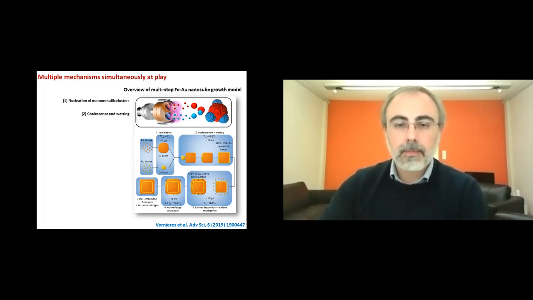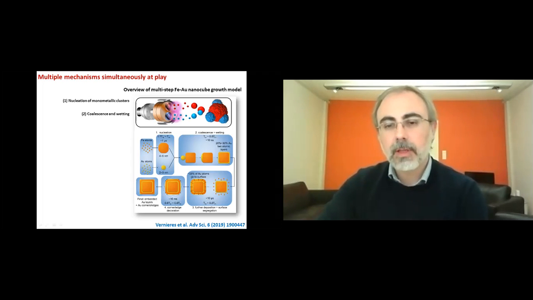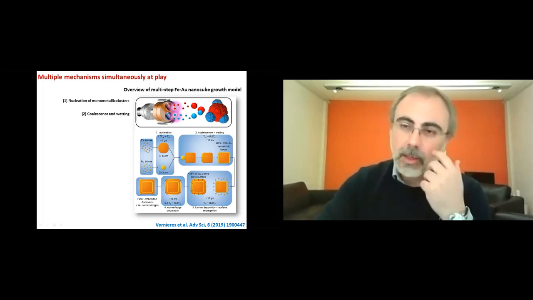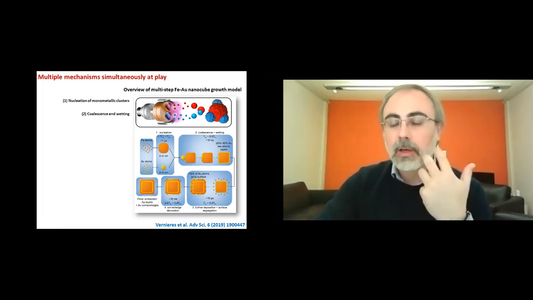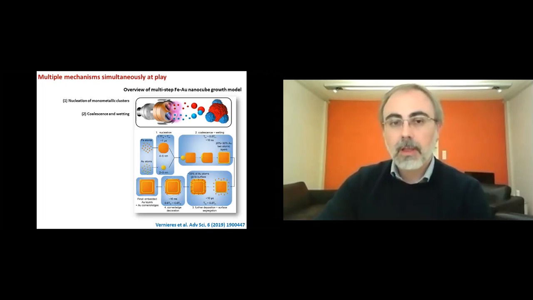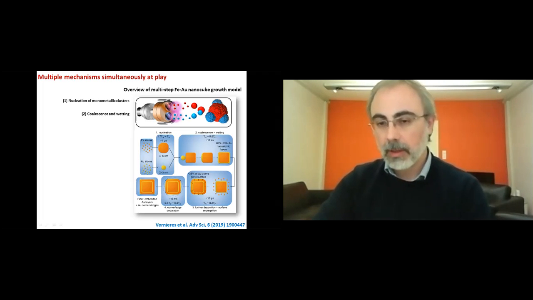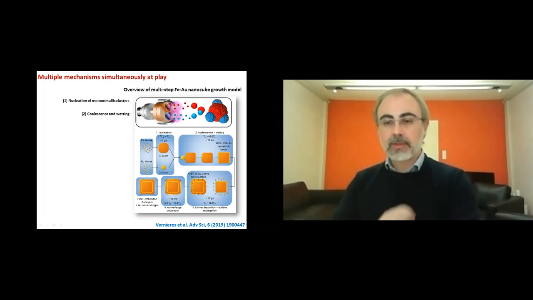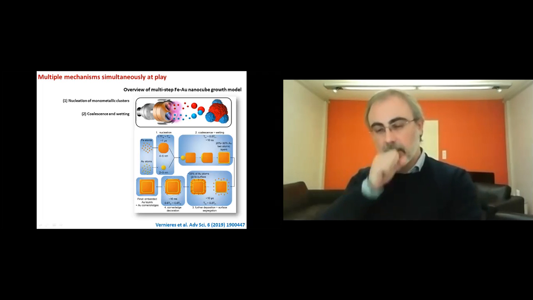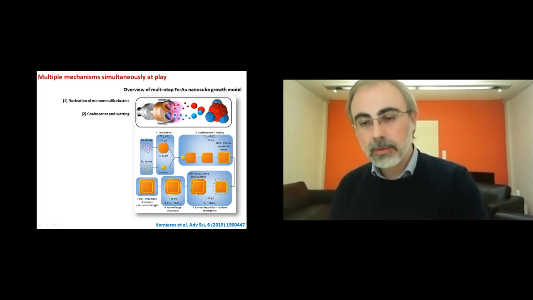And also iron will grow into cubes, as I briefly mentioned. And gold, because it's very slow to nucleate, will grow smaller clusters. Then when the two types of clusters coalesce, the smaller one will wet the surface of the bigger one. So you have gold atoms diffusing on the surface of the iron nanocubes.